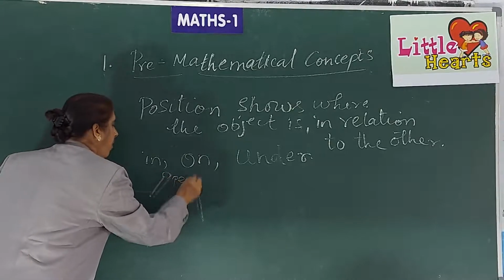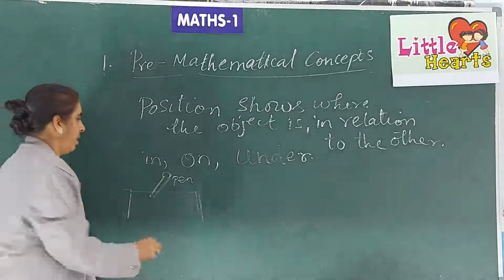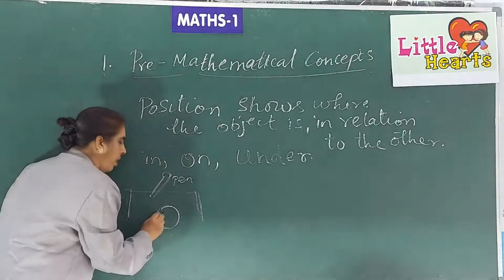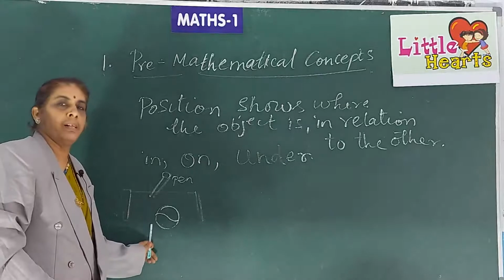Where is the pen? It is on the table. Where is the ball? It is under the table.